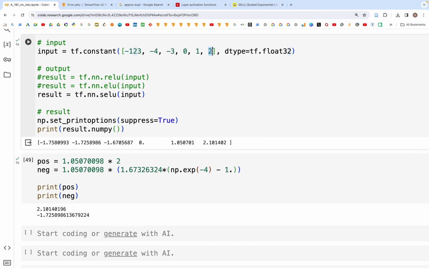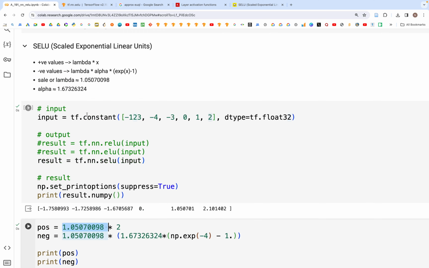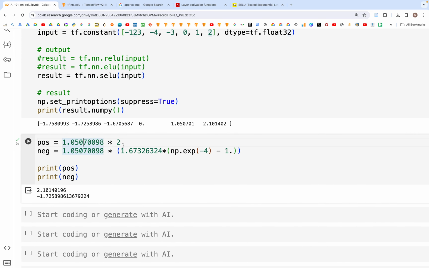Say if we want to calculate the value of 2, for 2 we simply multiply it by the value of lambda, which is 1.05, and for the negative value, let's say minus 4, we first exponentiate it, then subtract 1 from it, then multiply it by a value of alpha, which is 1.67.